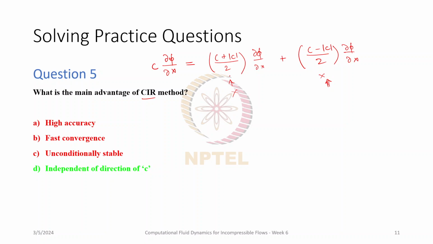So if C is positive and the first term remains, then this first ∂φ/∂x has to be discretized in a backward difference method. So that's why we would do this as backward difference we will take.